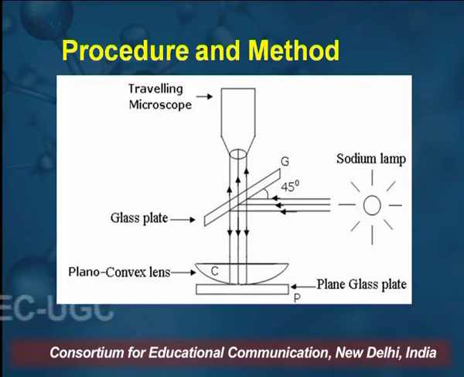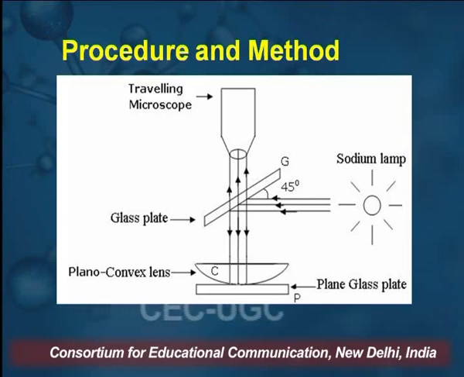Light, which is a monochromatic source, falls upon a glass plate which is mounted at a 45-degree angle. This glass plate is marked with G. From this glass plate, light will be reflected towards the arrangement which is the plano-convex lens, which is C, mounted on a plain glass plate which is represented by B.